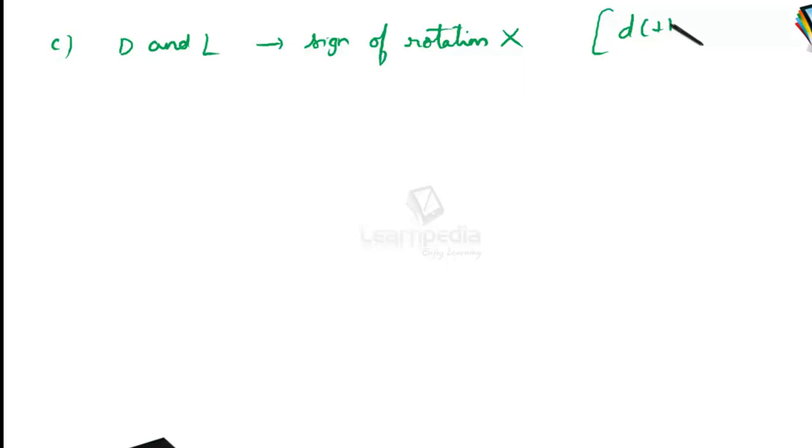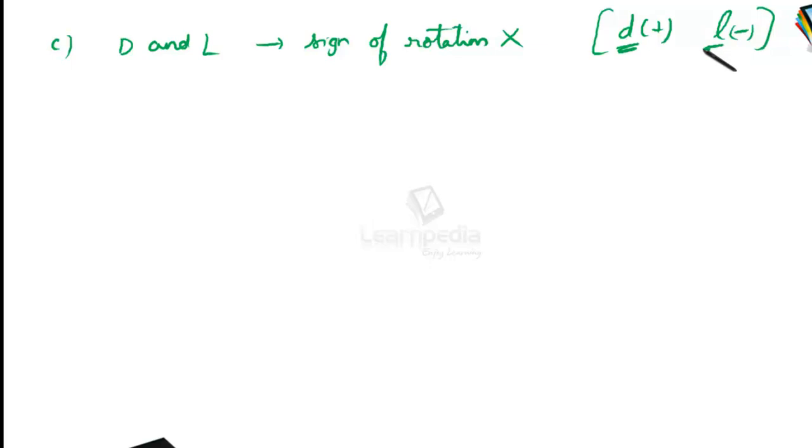Here actually the D and L forms do not refer to the sign of optical rotation. It means they are not indicating whether the given compound is dextro or levo. Remember, in the case of dextro we use the symbol d or the plus sign. In the case of levo we use the symbol l or the negative sign.